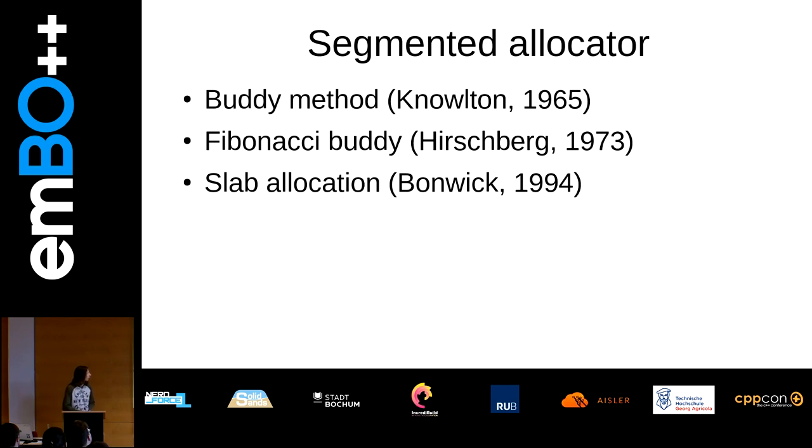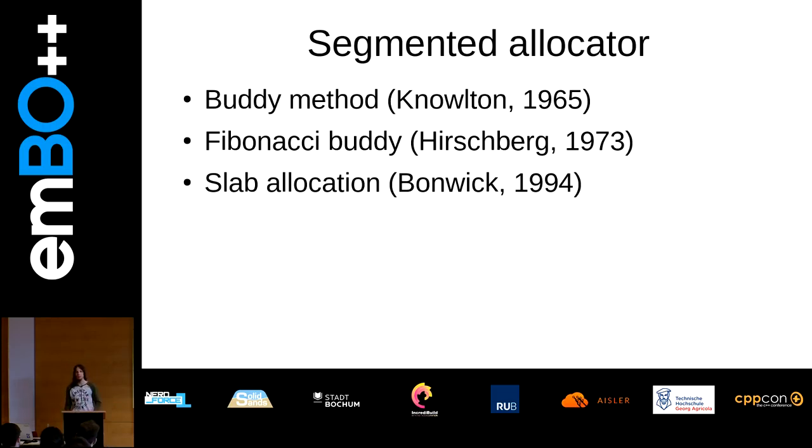First of all, the most basic type of segmented allocator will be a pool allocator, because that only has segments of one size. But a normal heap allocator would be a buddy allocator, which splits the memory that is available recursively into two.